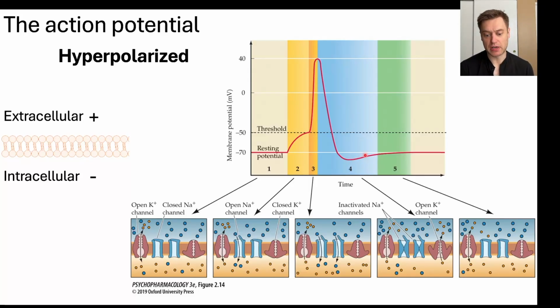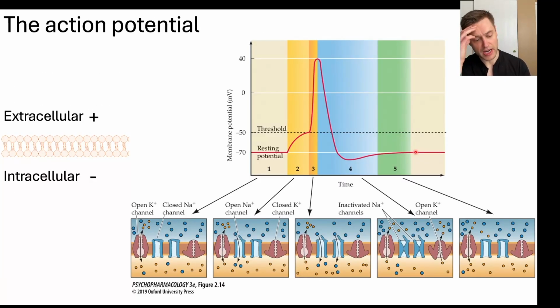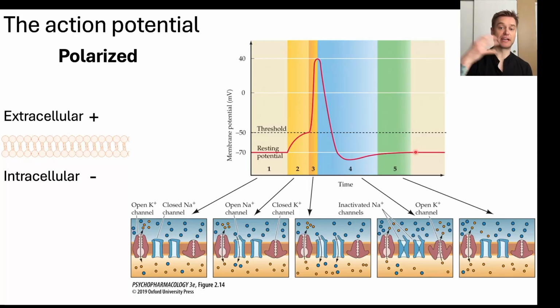The red line here is indicating that after some period of time, it gets back to its resting phase and all of the voltage-gated channels are closed, and you have a polarized state again, and that's because of that sodium-potassium pump essentially bringing everything back to normal. So that is the action potential in a nutshell.